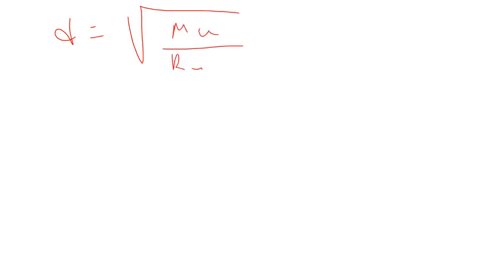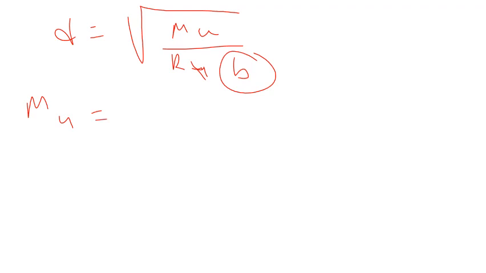So now to find out this d, we need to find out the quantities in this formula. I will write it one more time here: Mu divided by Ru into b. So b is known, we have to find out the Mu.